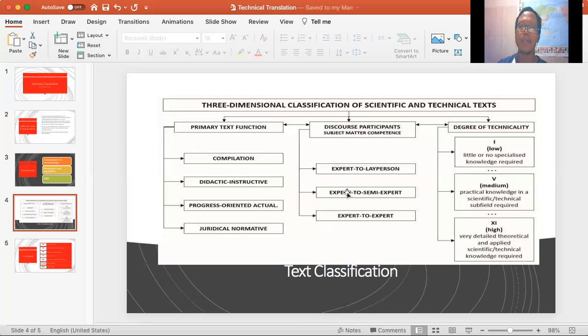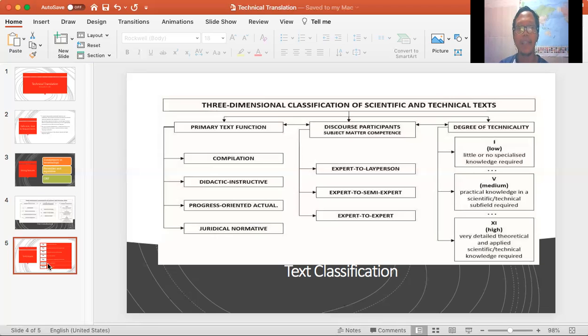It is written by an expert, of course, and supposed to be read by a semi-expert, maybe a technician who runs the machine, but not by people who know how to create the machine, or a technician with a high degree of expertise in that field. And then maybe the technicality is medium, so it is a possibility like that. You need to diagnose, as we call it, the text that you are going to translate.